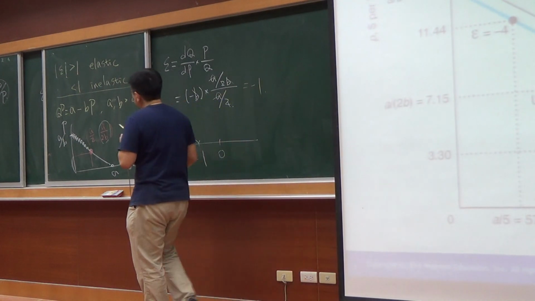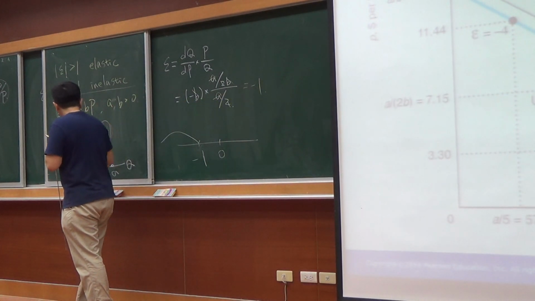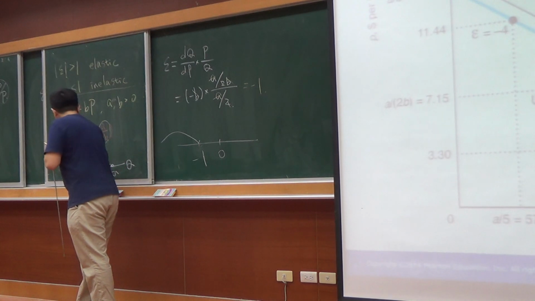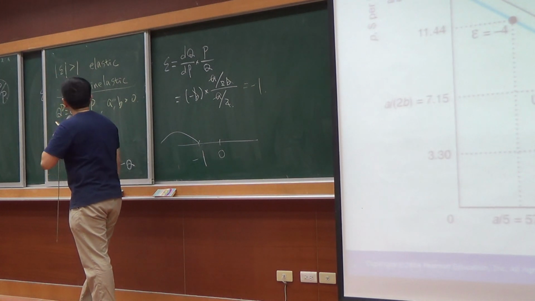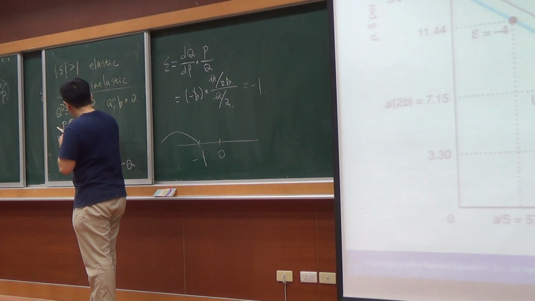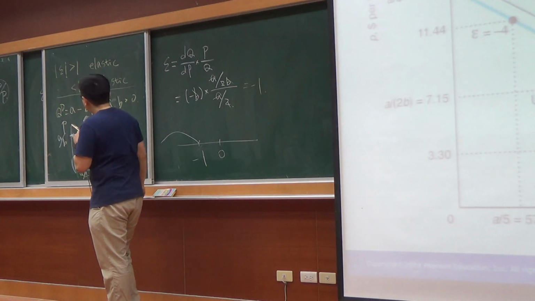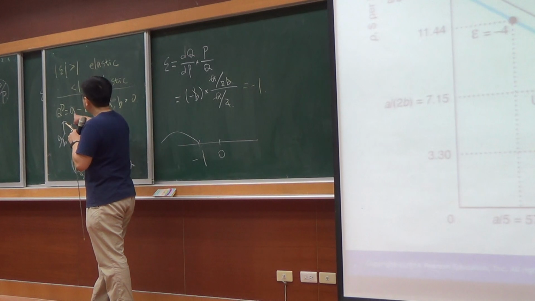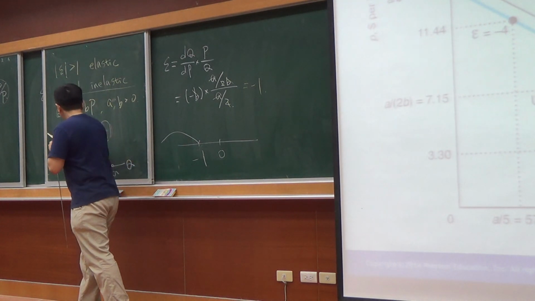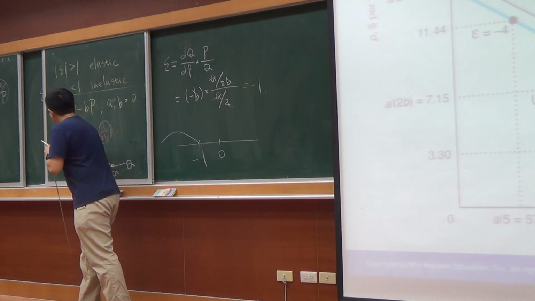So we may take any point, say, what if this is A over 4? If this point is A over 4, then what about this point? When Q equals A over 4, then this would be 3A over 4B, right?